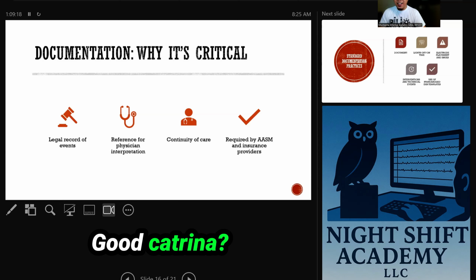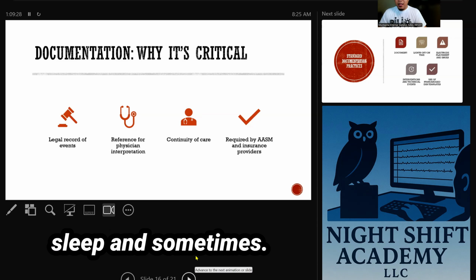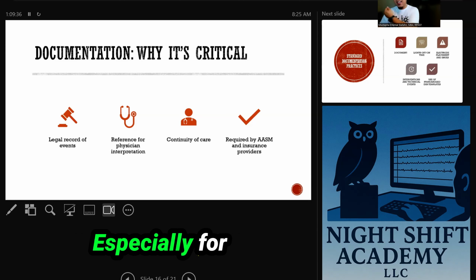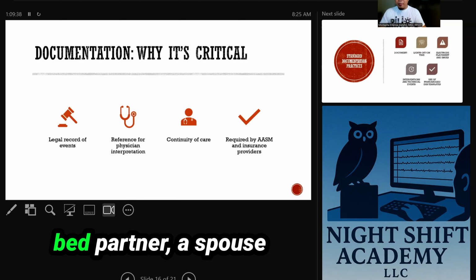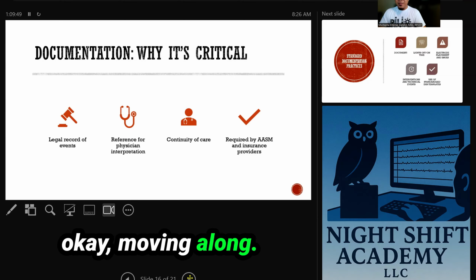Catathrenia. Yes. I can already see an RPSGT here. And they're moaning and groaning in their sleep. Sometimes it's harmless and sometimes it's harmful, especially if they have a bed partner or spouse. Okay, moving along. Good answer.